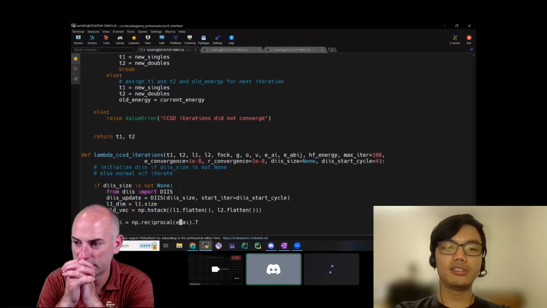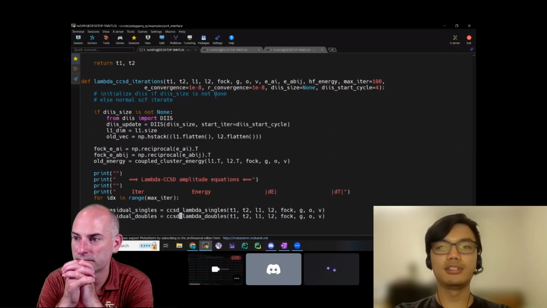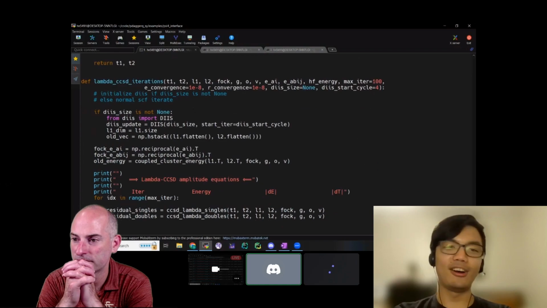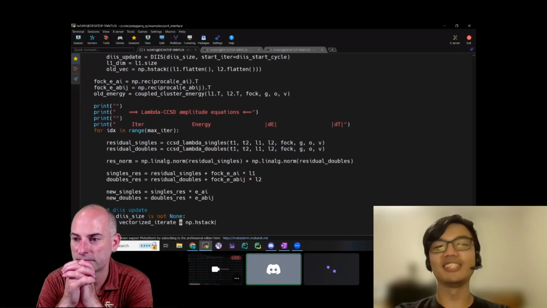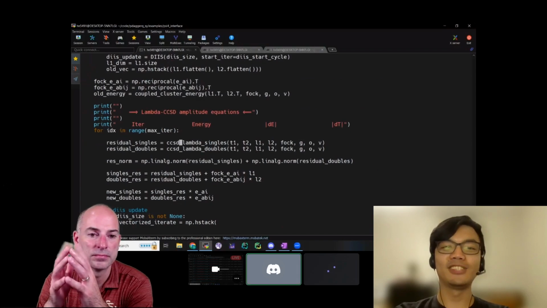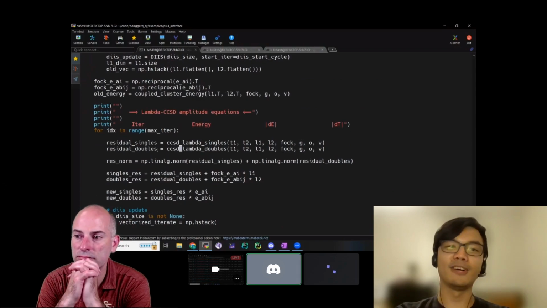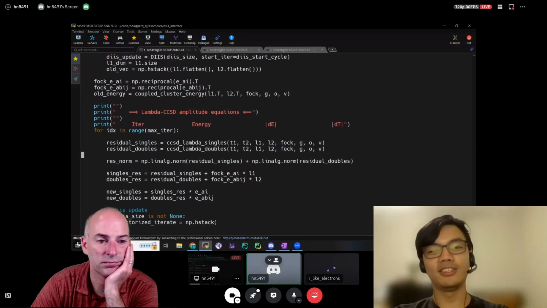Yeah, there you go. Lambda CCSD iteration. So now you need T1, T2, L1, L2. It's just a copy of the CCSD driver because the way you solve the lambda equation is basically the same as for the ground state. You just have to work with the left equation. So now I'm calling the singles and doubles projection on the right.